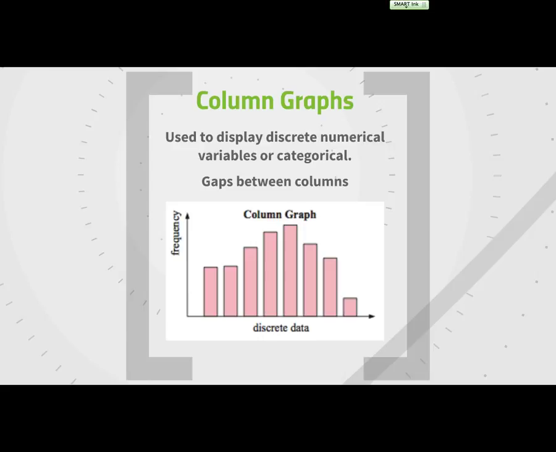The important thing is that there are gaps in between because there's no range, it's separate. If we have pop music and hip hop and rap, it's all separate. Or $1, $2, $3, $4, there's no connection, so they actually have gaps in between the columns.